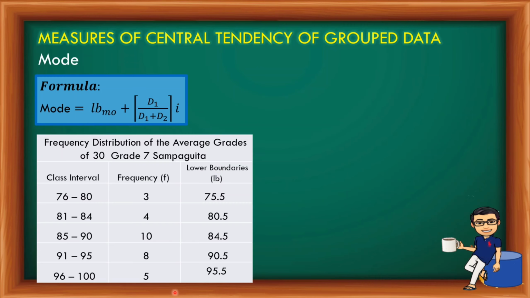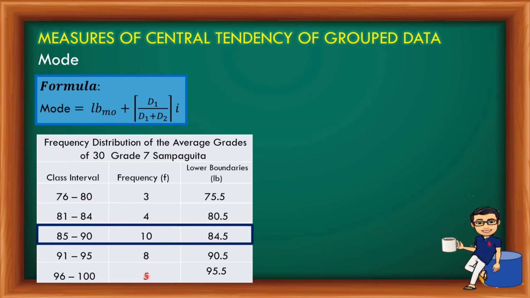Ang modal class, yung class na may pinakamaraming frequency. Kung mapapansin mo, ang frequency ng 76 to 80 ay 3, ang 81 to 84 ay 4, 85 to 90 ay 10, 91 to 95 ay 8, 96 to 100 ay 5. So, ito yung pinakamarami ang frequency, 10. Yan yung tatawagin nating modal class. Again, modal class, yung pinakamaraming frequency.